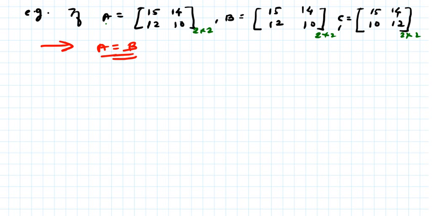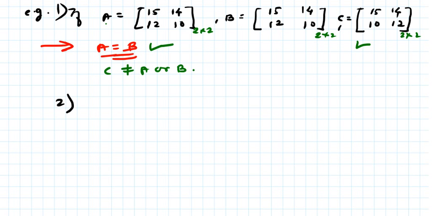This means that matrix A is equal to matrix B. But matrix C is not equal to A or B, because the corresponding elements are not equal. Okay, this is the first example.